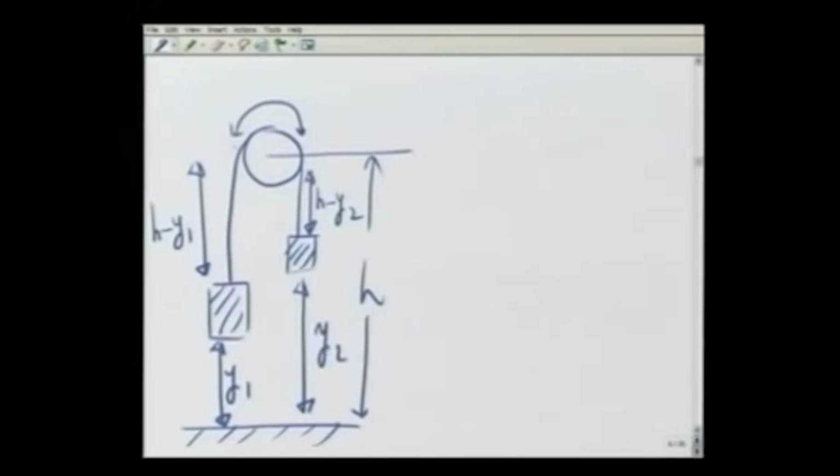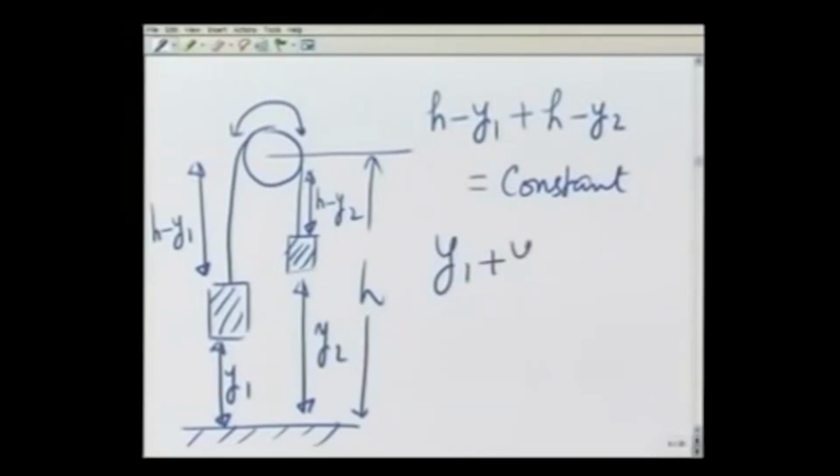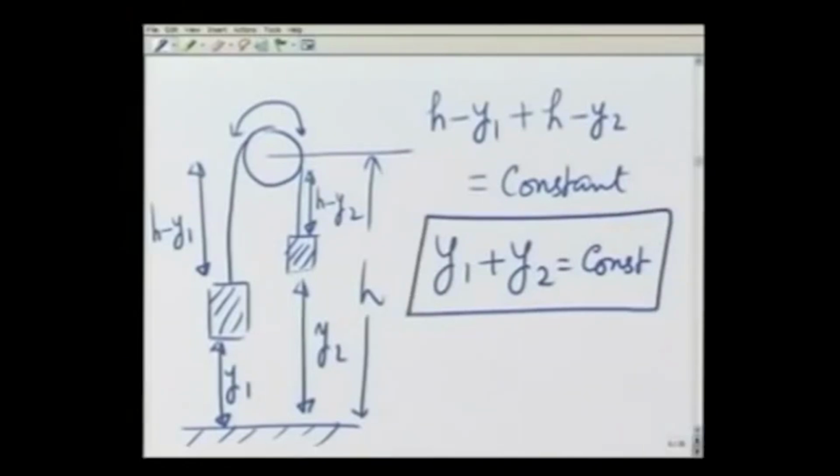Since this part is always of constant length, I can write my constraint equation as h minus y1 plus h minus y2 is equal to a constant, or shuffling terms around, I can write this as y1 plus y2 is equal to a constant. This is my third equation.